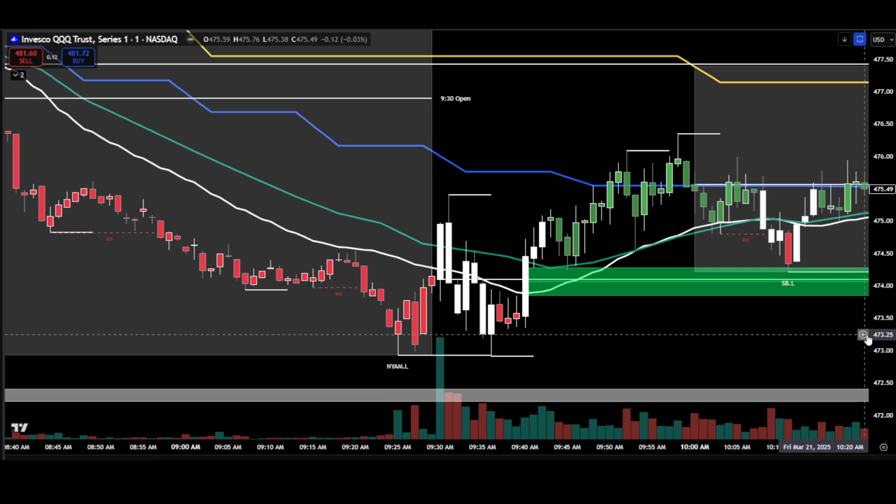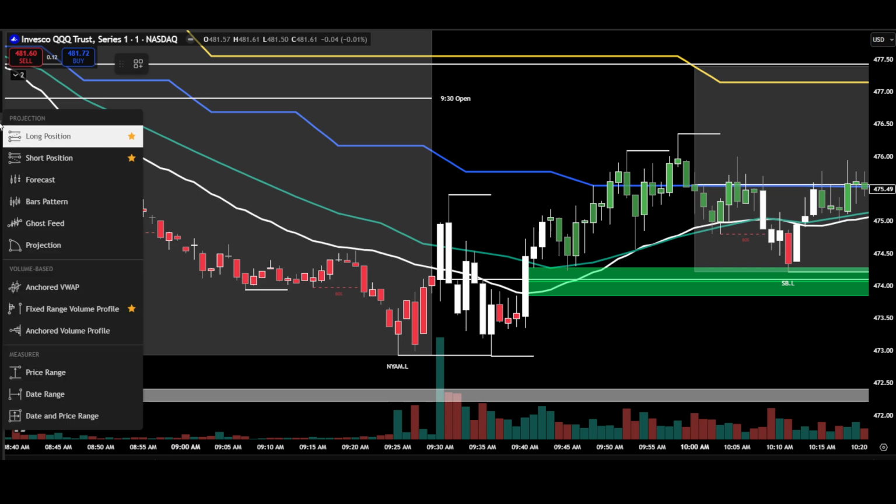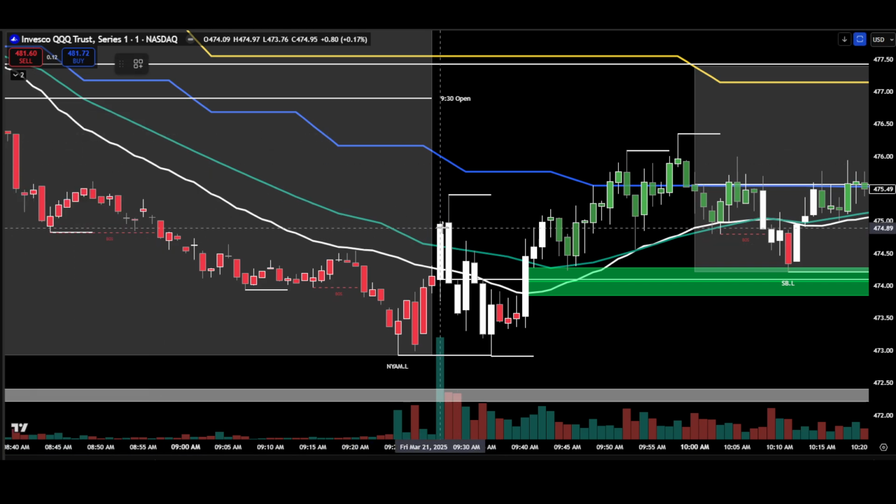Okay, so basically the strategy is to take the first white candle close when we get the trigger signal. So price moves up over the 3-minute EMA, right? Candle closes, we take our entry. In this case, it would have been a long entry.